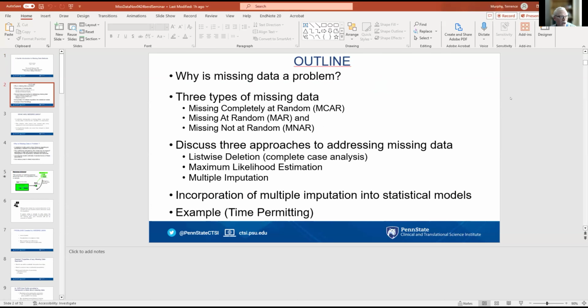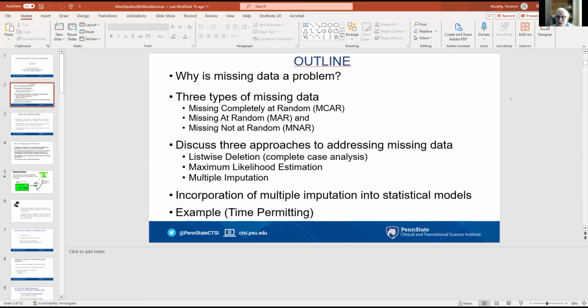Here's an outline of the talk. Why is missing data a problem? And we're going to talk about 3 types of missing data that were first defined by Don Rubin that provided a context in which to talk about this, like I said earlier, somewhat abstract idea. We're also going to discuss 3 approaches.